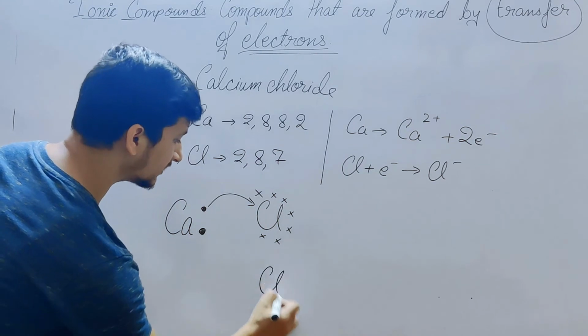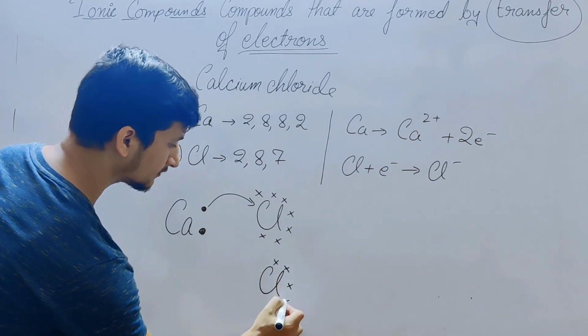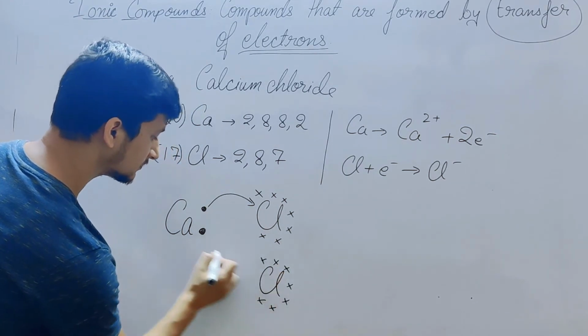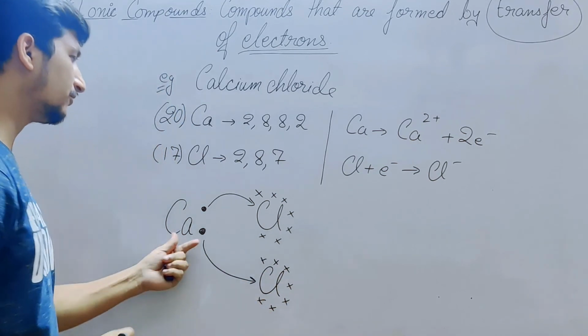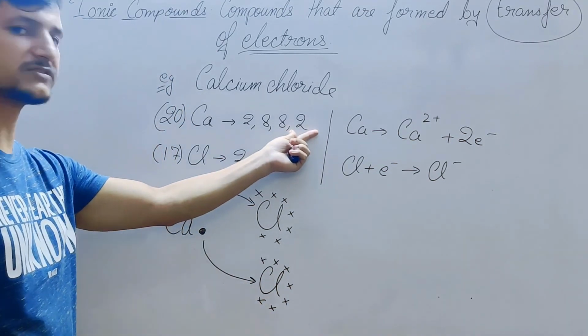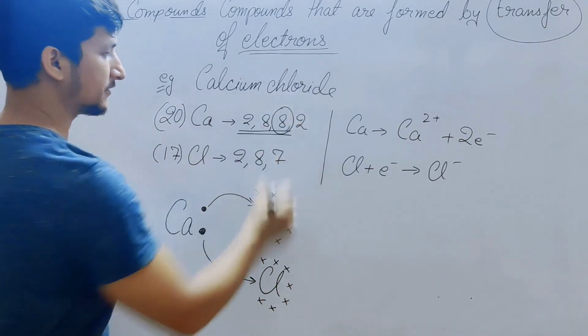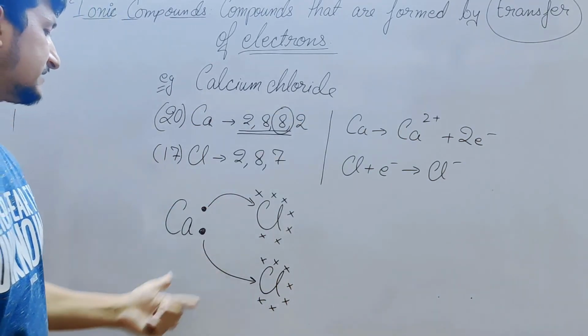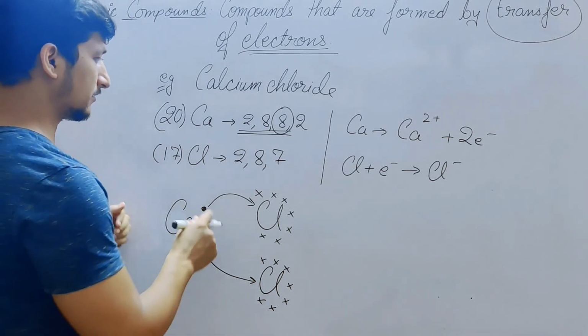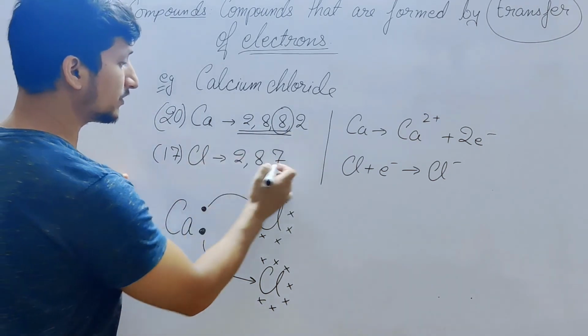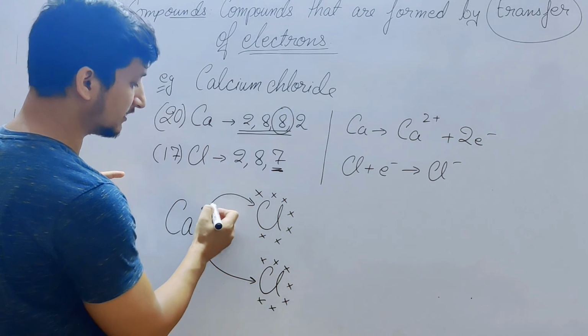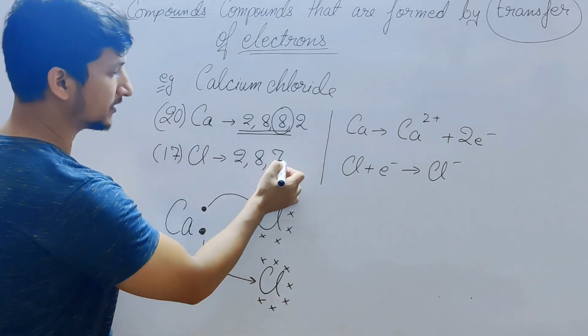So calcium will donate its 1 electron to another chlorine. So in this way, now look, both of the last 2 electrons are lost by calcium. So it is having 8 electrons in the outermost shell, whereas calcium is stable. Now chlorine is having 7 electrons in the outermost shell, but after gaining 1 electron it will also have 8.